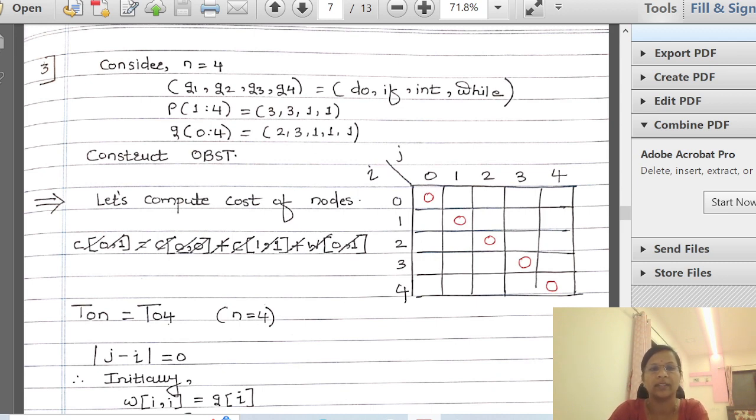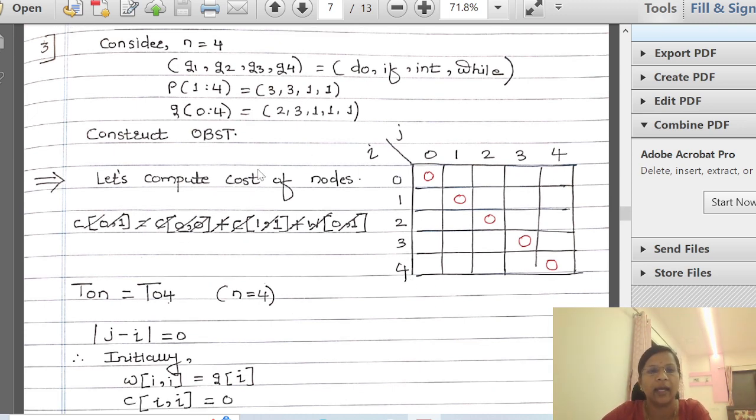So we are provided with the keys, possibly with their names, and P is the probability of successful search and Q represents the probability of unsuccessful search. We have to remember that the number of Q values is always one more than the number of P values. By giving this information as input, we have to construct an OBST.